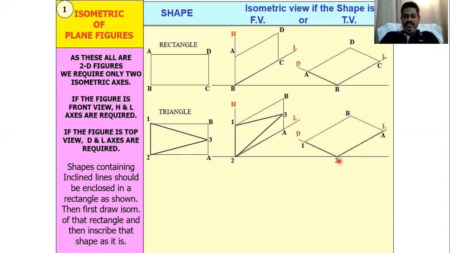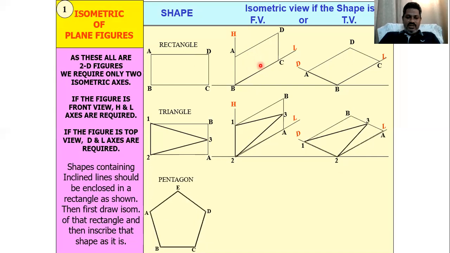Then 1, 2 will be the base of the triangle, as you can see. Then locate a midpoint on AB line, that is point 3. Then connect 3, 1 and 3, 2. That will be the top view of the triangular plane. And this will be the top view of the rectangular plane. This will be the front view of the rectangular plane like this.